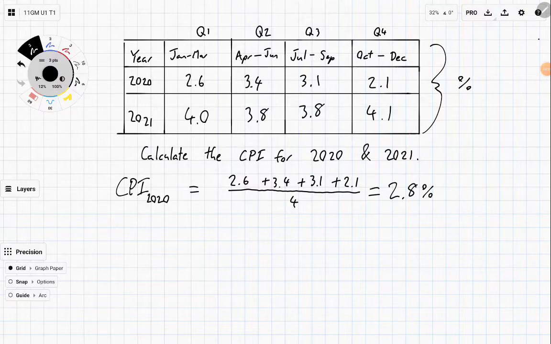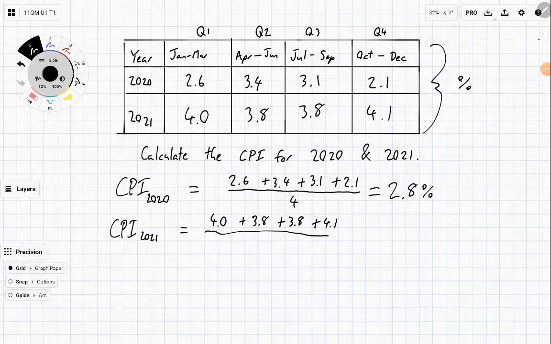The CPI for 2021 is going to be the average of those quarters. So 4.0 plus 3.8 plus 3.8 plus 4.1, all over 4.